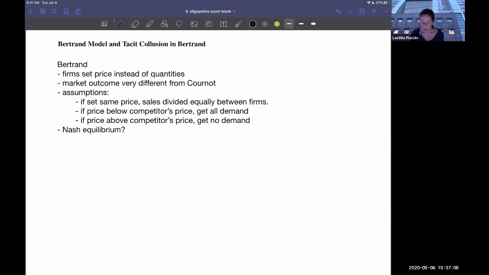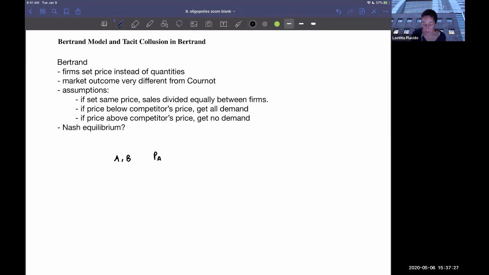And for the Bertrand model, we need to make a couple of assumptions. Basically, you're going to have two firms on that market, firm A and firm B, and they're going to decide simultaneously on the prices PA and PB they're going to set for the same product.